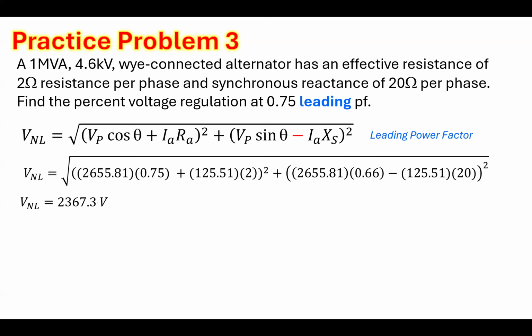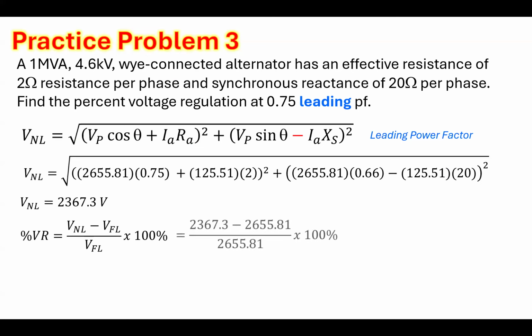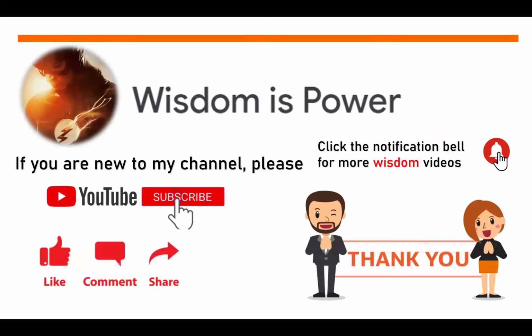So the no load voltage or the generated voltage is 2,367.3 volts. Then substitute these values to our equation to get the voltage regulation. This will give us negative 10.86% voltage regulation.